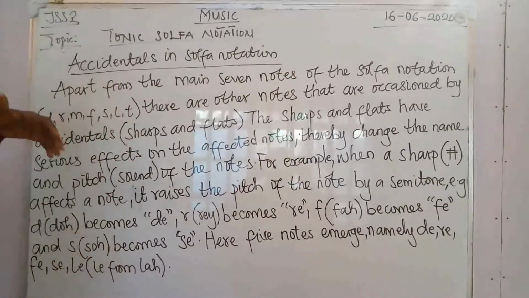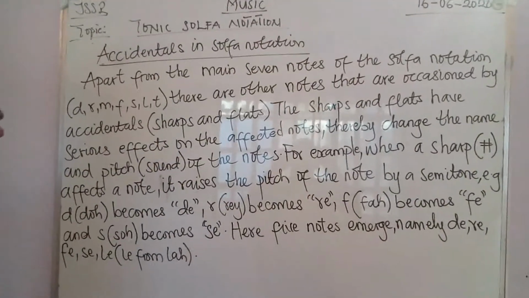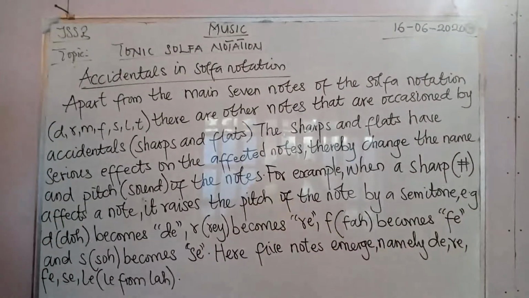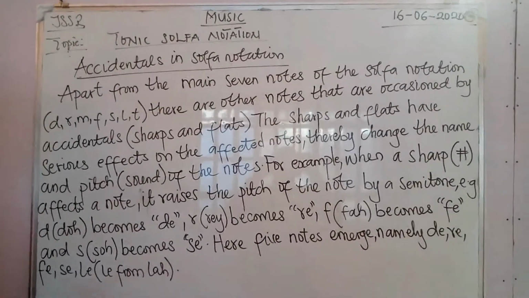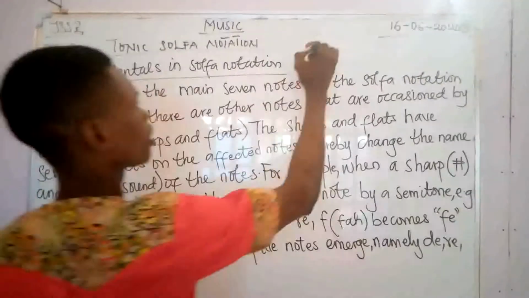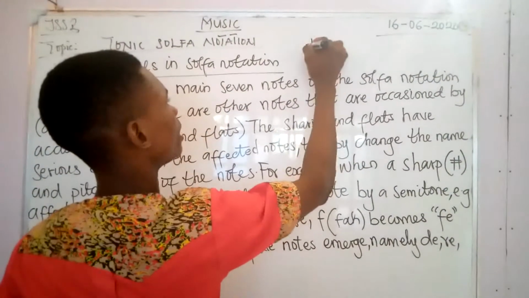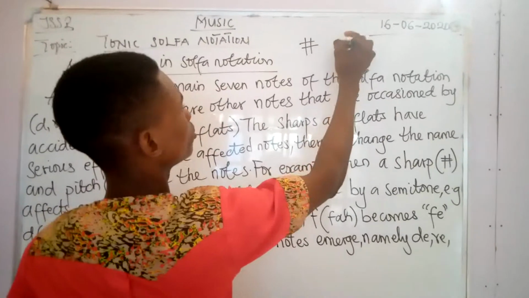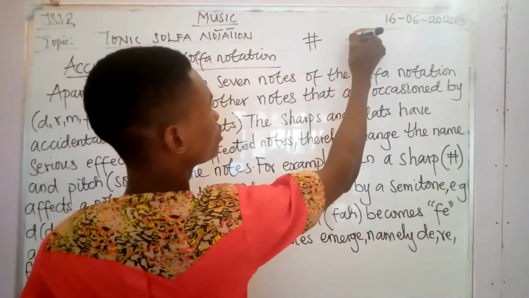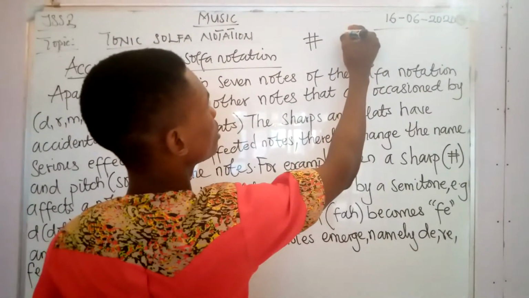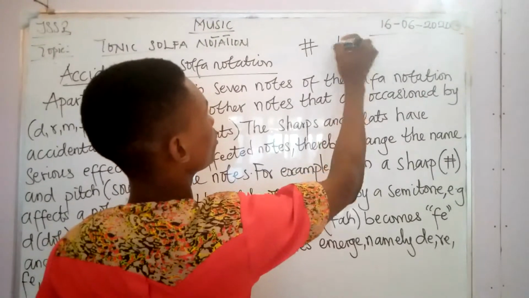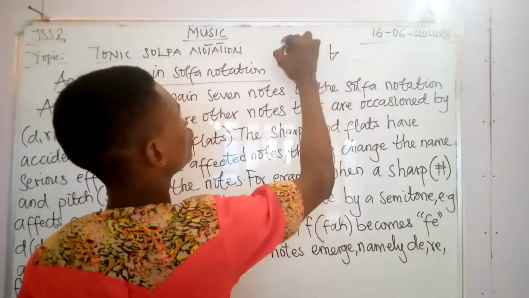Now, accidentals in sol-fa notation. Accidentals are signs which raise or decrease musical notes by semitones or by tones. So it raises or reduces. This is the sharp.